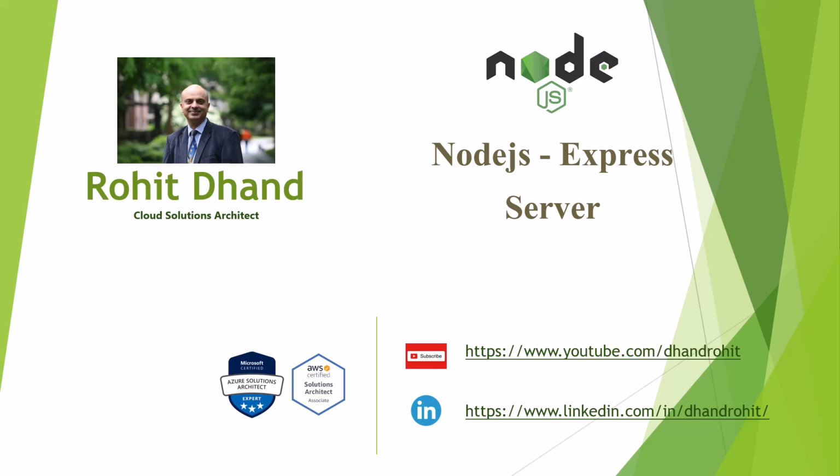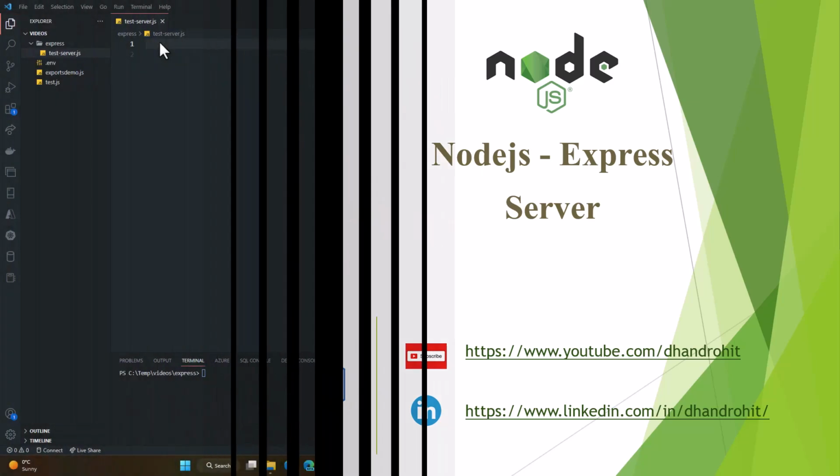So let's get our hands dirty with the Node.js Express server, setting it up and seeing how we could use it. I'll also be using Postman to test those routes, which we'll initially set up, and see how we could do the get or post within Postman. So let's see the action in practical.